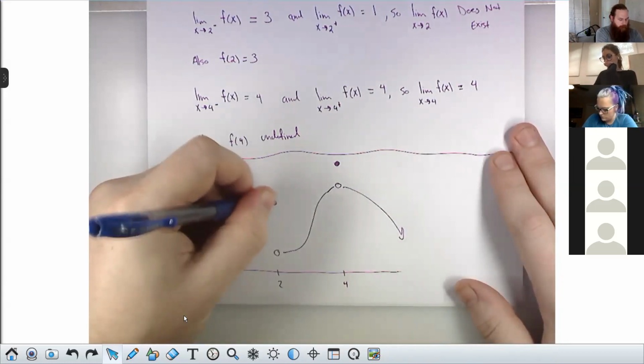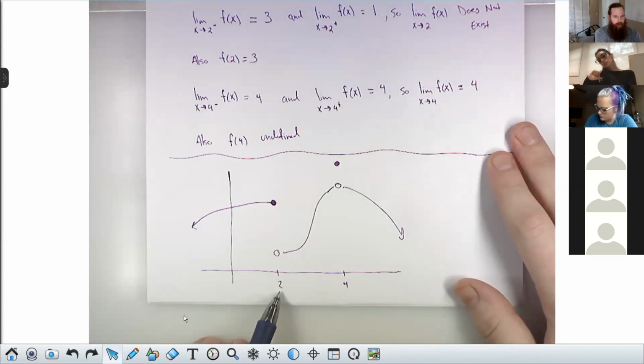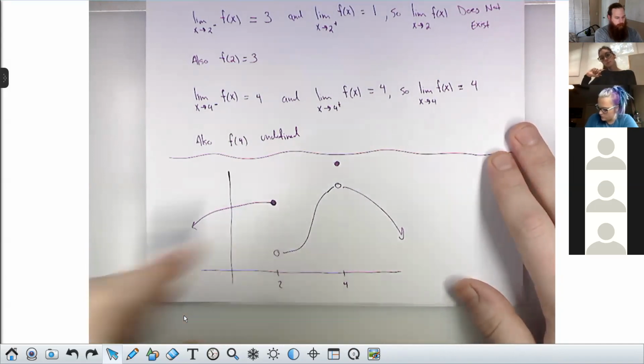Everything we said about 2 in the previous example is true here as well.